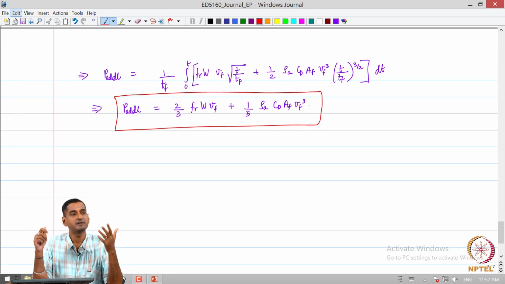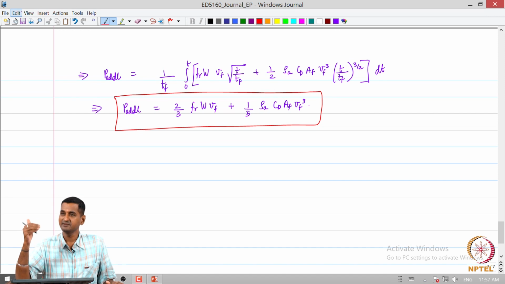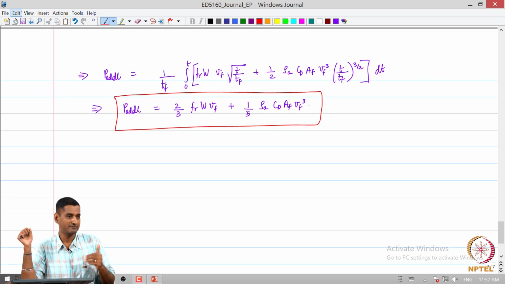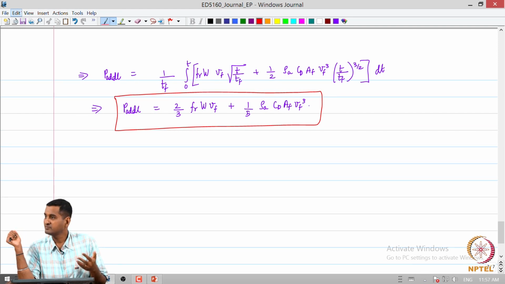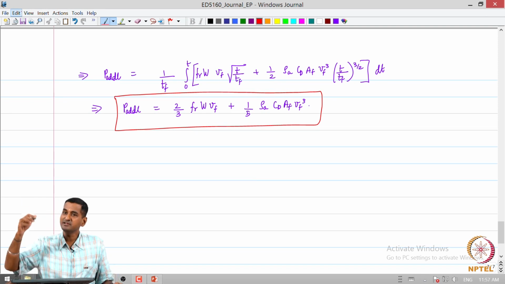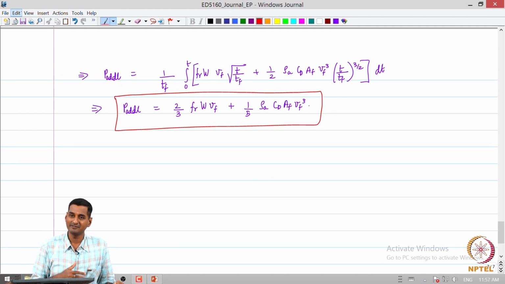Obviously, depending on the type of vehicle and the type of operating conditions, these numbers are going to have a relative variation, right. For example, if we have a high performance car, the acceleration power may be significant, okay. So, we have to calculate these ratings and make a decision on what our final powertrain will be, so that we satisfy all the performance requirements, okay. So, that is the idea, okay.